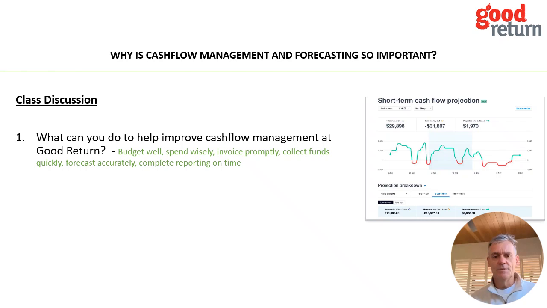Then, of course, to spend wisely, not frivolously. And if you have a responsibility for invoicing our donors or our grantors, to make sure you do that quickly, and then to collect the money quickly as well. Because the faster you collect money, the more cash there is available for the organisation to use.